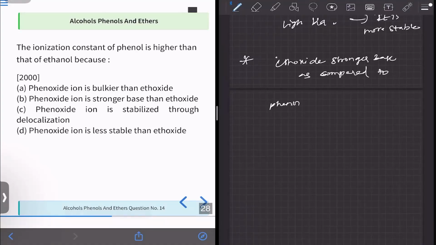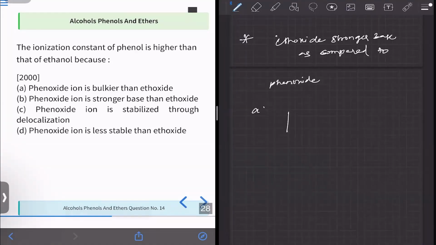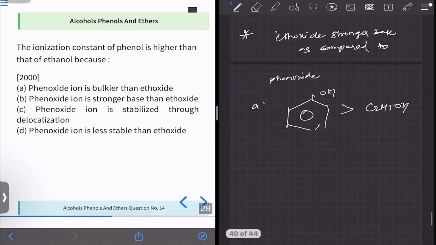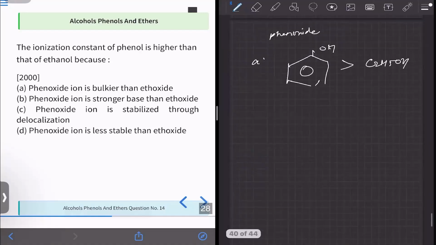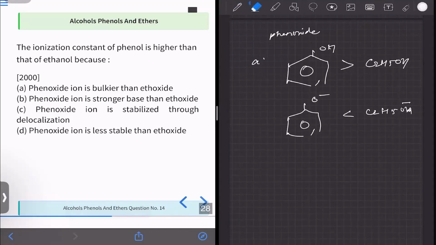If phenol is more acidic as compared to C2H5OH, then after removing hydrogen, O minus and C2H5O minus, ethoxide has more basic nature as compared to phenoxide. It is a complete reversal.